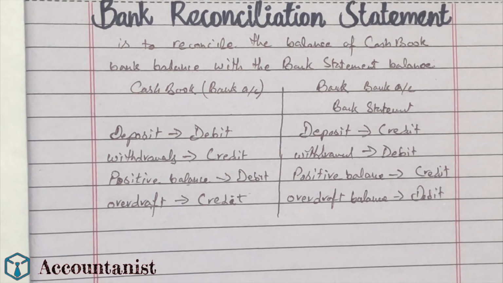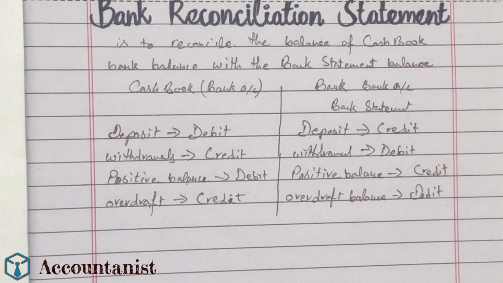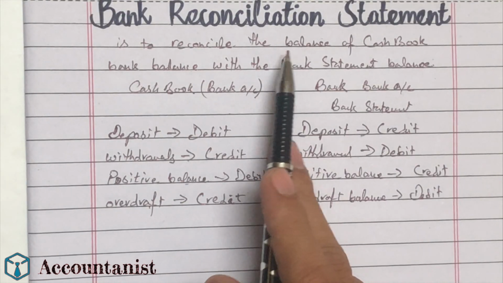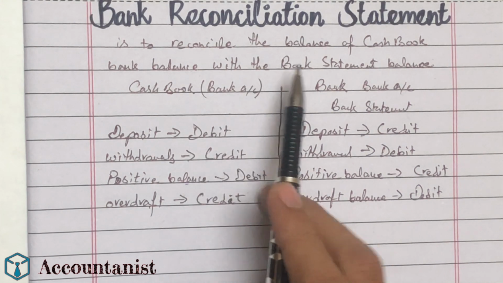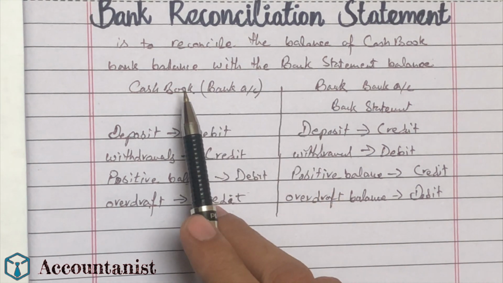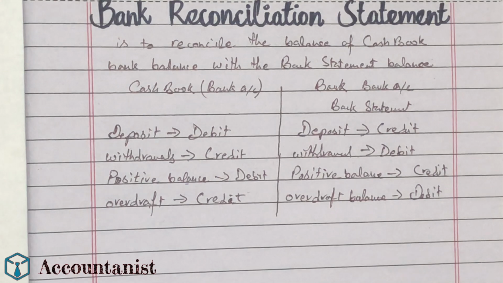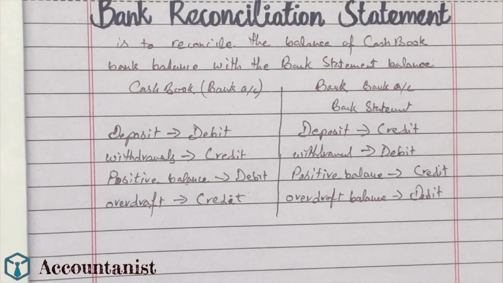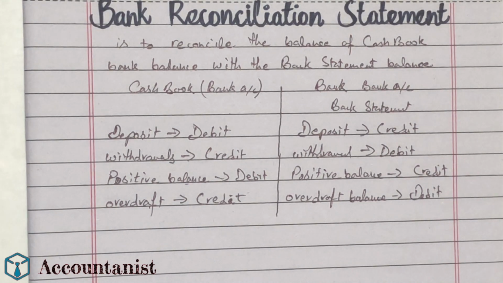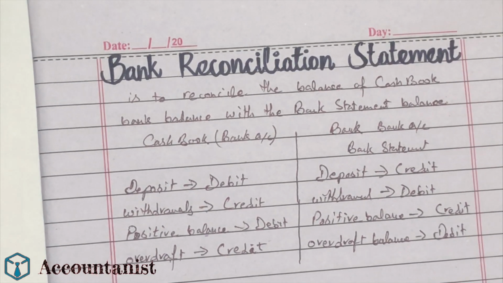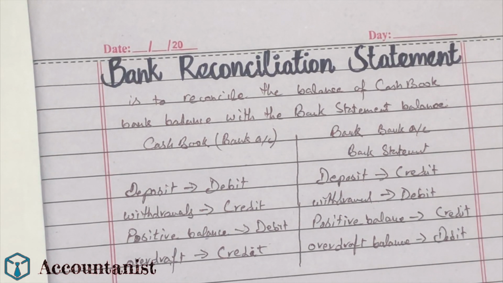Now, as we have seen, the purpose of bank reconciliation is to reconcile the balances of the cash book and the bank statement. So there is a difference between the cash book balance and the bank statement balance. Why do we have these differences?